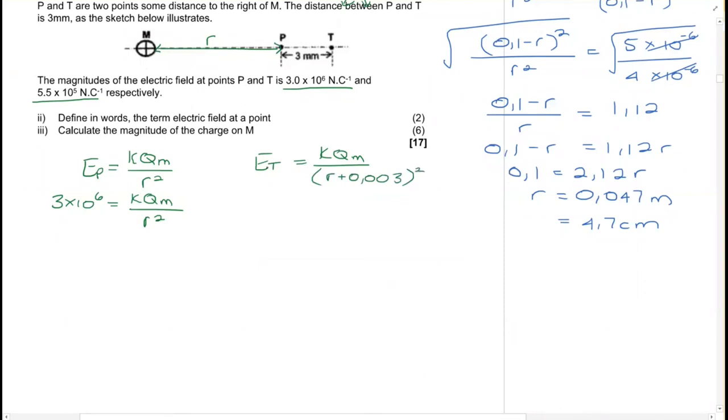The value for the field here is 5.5 times 10 to the 5, K QM over R plus our 3 millimeters squared. So we've got 2 formulae, we've got 2 variables. So it is a simultaneous equation.